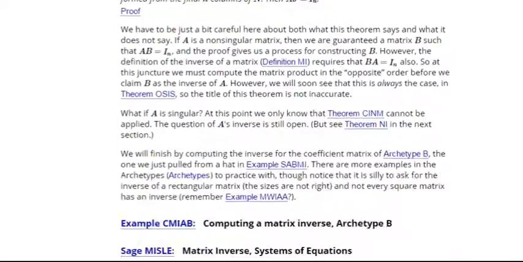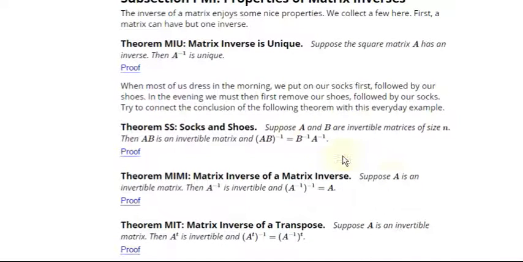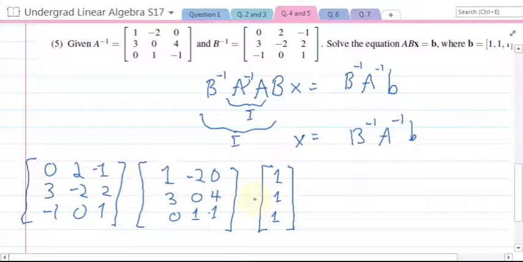And down here, it says, if I have two matrices and I want to get the inverse of the product, it's the product of the two matrices backwards. So that's why we multiply B inverse times A inverse instead of A inverse times B inverse. All right, so that's how this solution comes about. And I won't do the multiplication, but that's how you would get the answer.